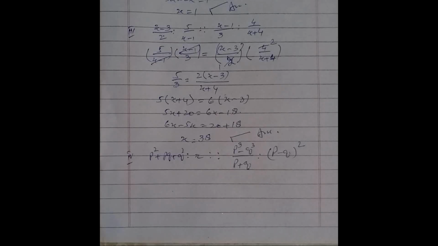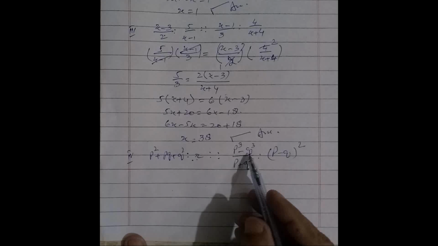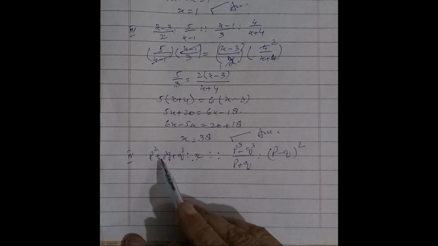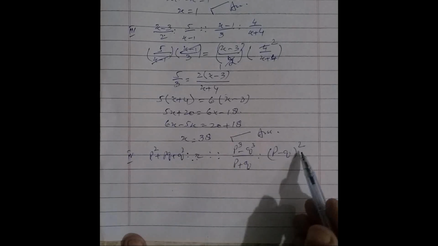The same method is used in this question. The product of internal values, which is x and (p cube minus q cube) over (p plus q), is equal to (p square plus pq plus q square) and (p minus q) whole square.